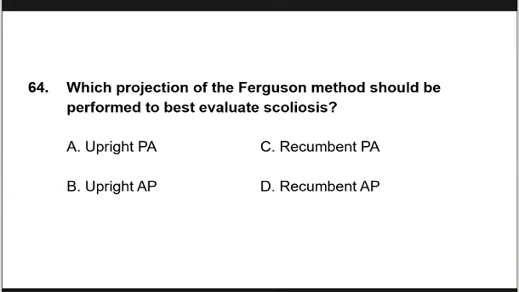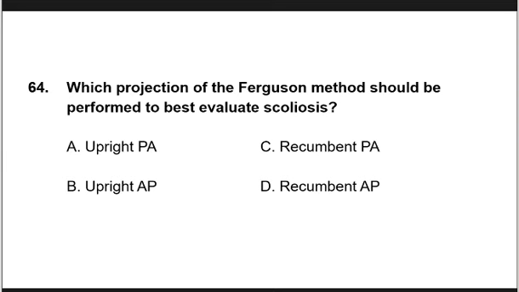Number 64, which projection of the Ferguson method should be performed to best evaluate scoliosis? So sa scoliosis, meron tayong method doon na ginagamit. Ano ang tawag ng method na yon? We have the Ferguson method. Pag sinabi natin scoliosis, in other words, that is an abnormal lateral curvature of the spine.